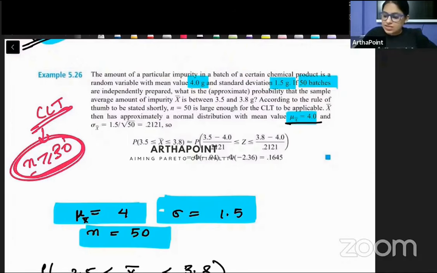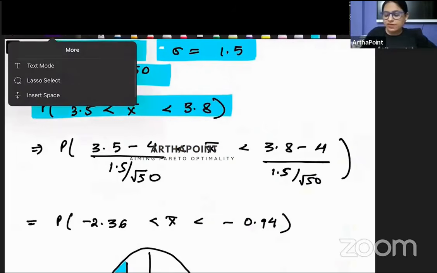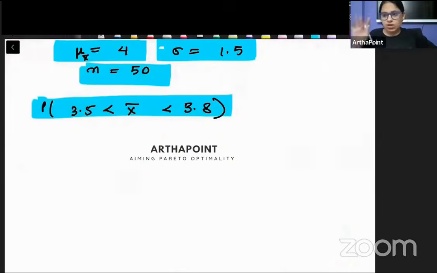And here, since the size is 50, we know that the central limit theorem will hold pretty well. Okay. Are independently prepared, what is the probability that the sample average amount x bar is between 3.5 and 3.8 gram? So the question is, we need to find the probability that x bar is between 3.5 and 3.8. अब मेरी बात बहुत ध्यान से सुनना.